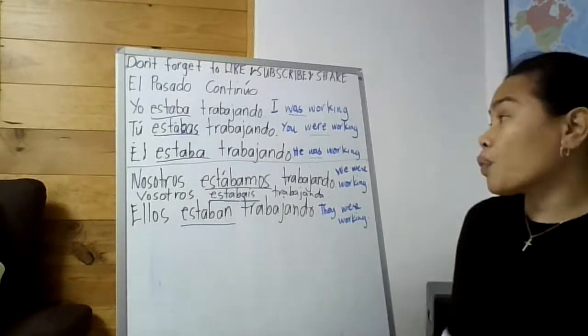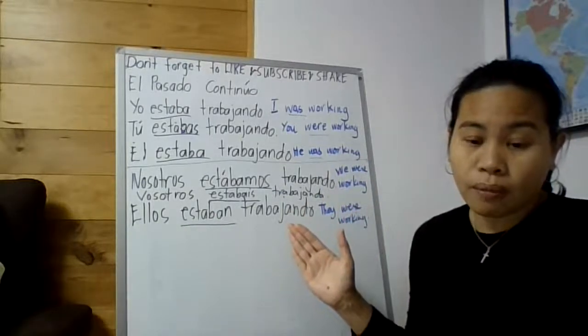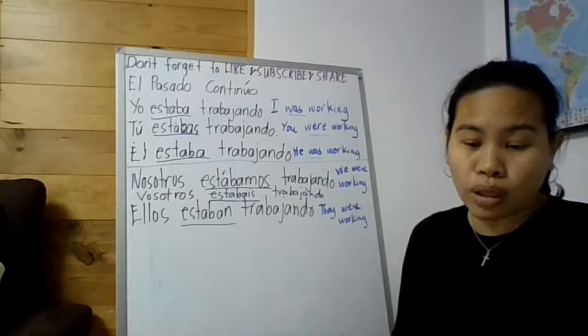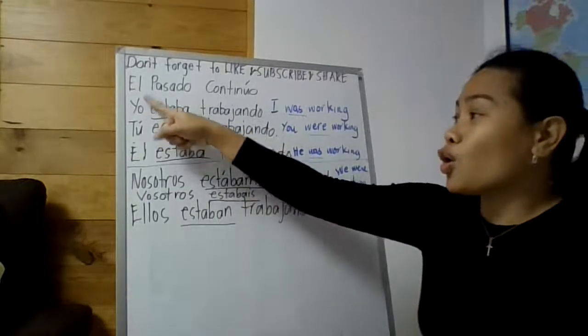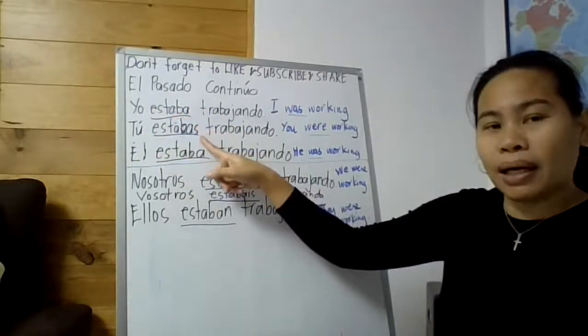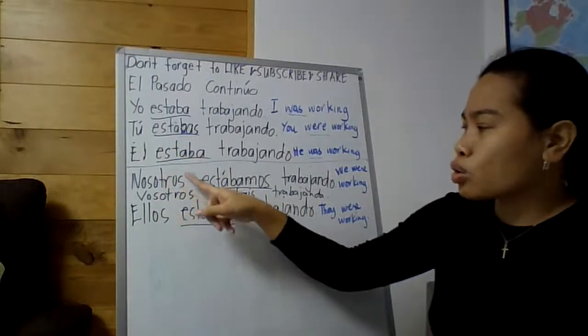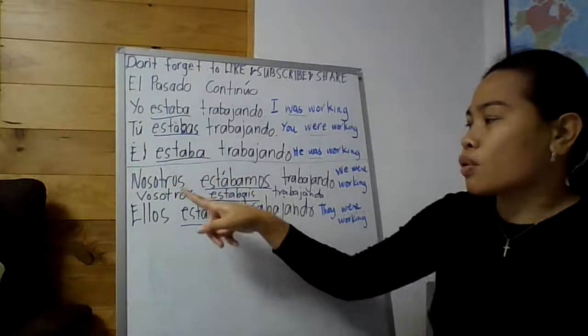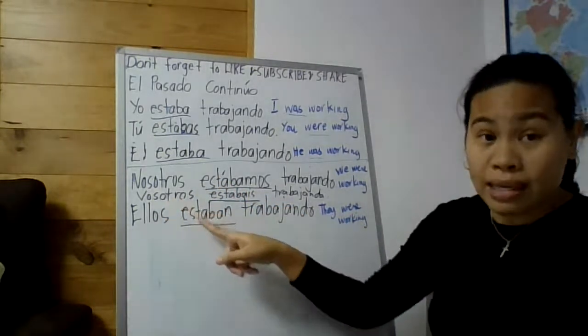So, if we are going to make this negative, forma negativo, then you will just, again, I said it already, yo no estaba. Tú no estabas, él no estaba, nosotros no estábamos, vosotros no estabais, and then ellos no estaban.